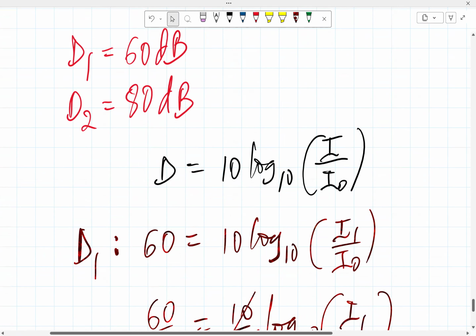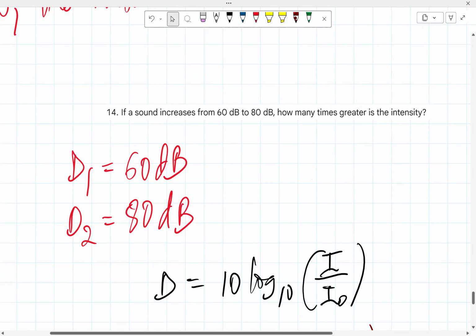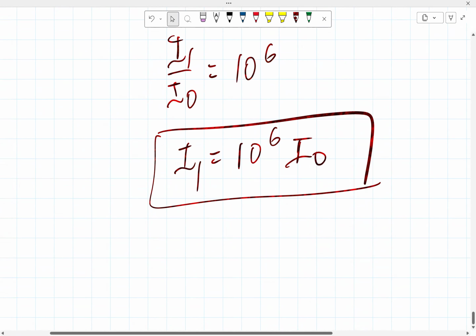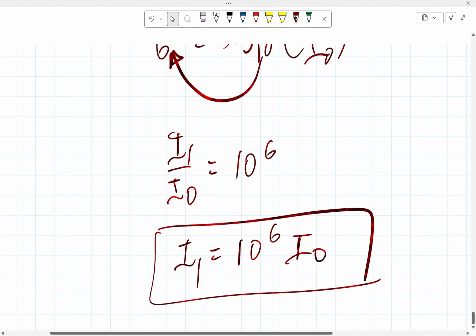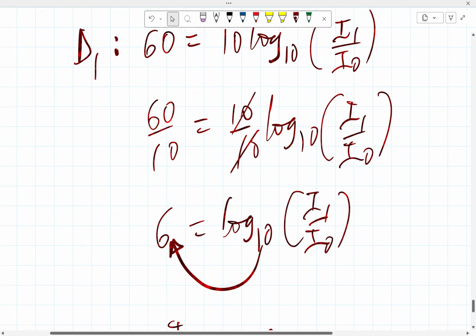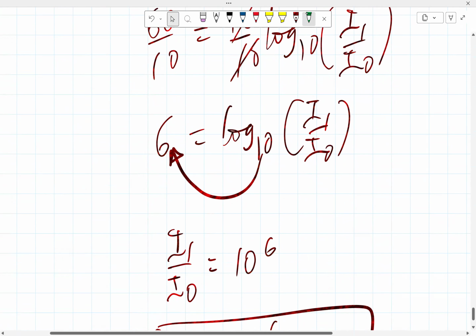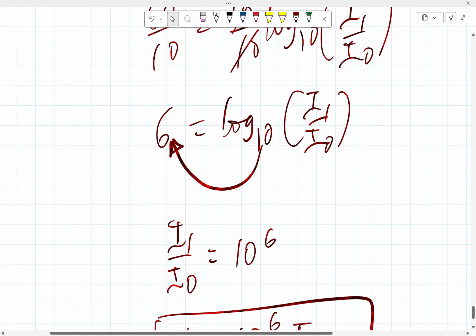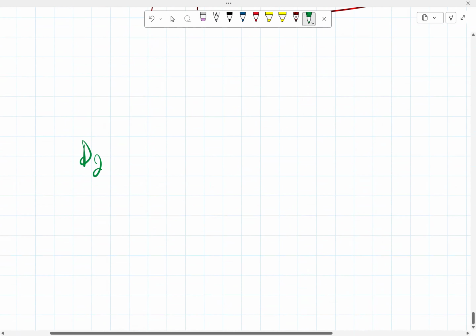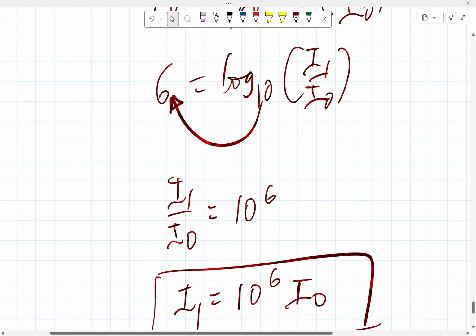Because we want to look at how many times greater is the intensity, we got that. Then we do the same thing for the second one. So for D2 now, D2 is an 80 decibel sound.